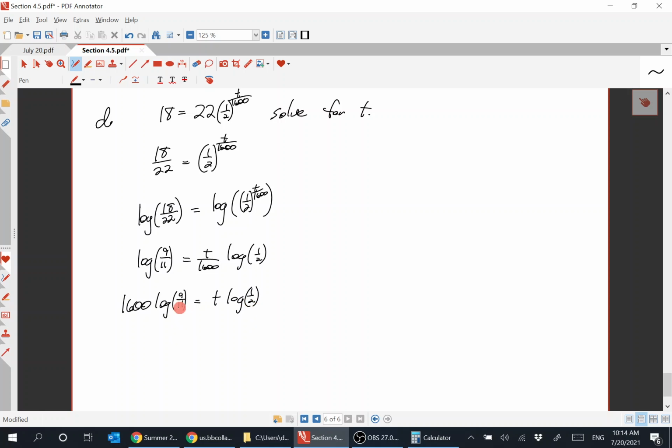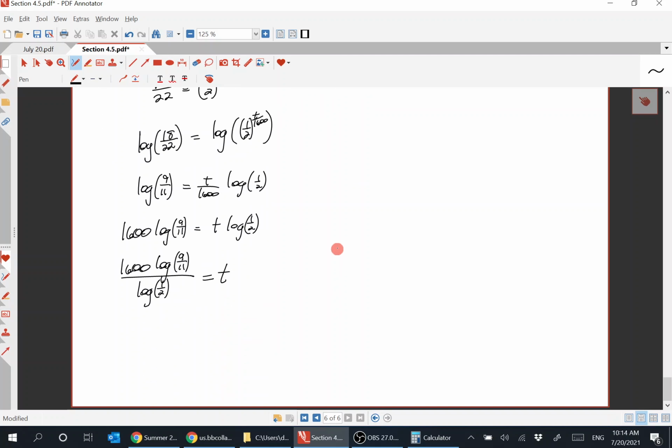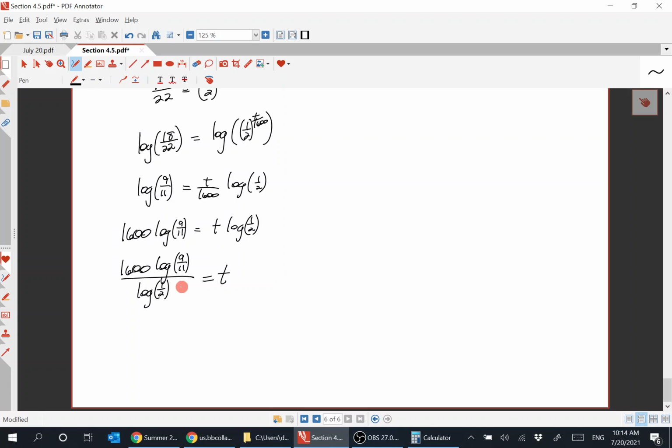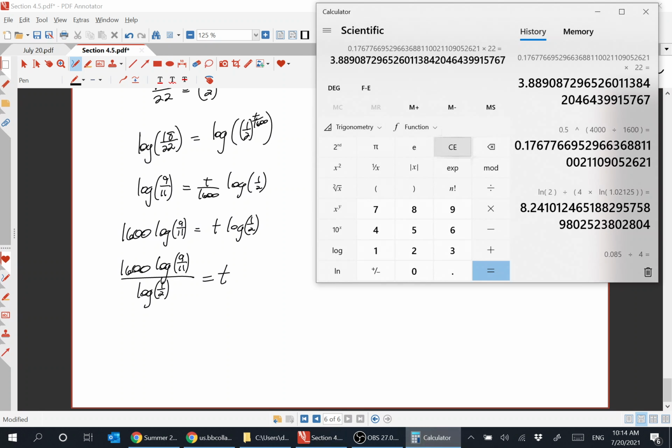Divide both sides by log 1/2. And that's equal to t. So that's the answer, but of course we would like a decimal approximation so that we have some idea about how many years we're talking about here. So let's do that.